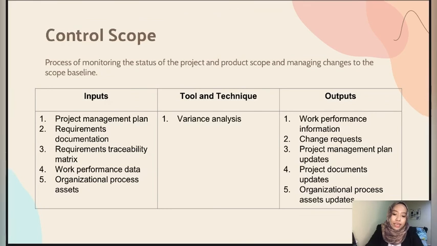For input, it has project management plan, requirement documentation, requirement traceability matrix, work performance data, and organizational process assets. For tools and techniques, it is variance analysis. For output, it has work performance information, change requests, project management plan updates, project document updates, and lastly organizational process asset updates.